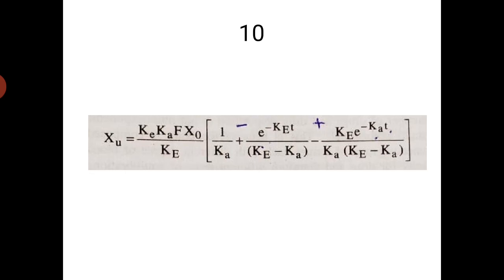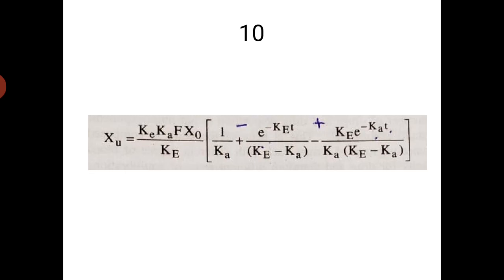Substitution followed by integration, you will get the equation Xu equal to Ke Ka F X0 divided by K into 1 divided by Ka minus e raised to minus Kt divided by K minus Ka plus K into e raised to minus Ka t divided by Ka into K minus Ka.